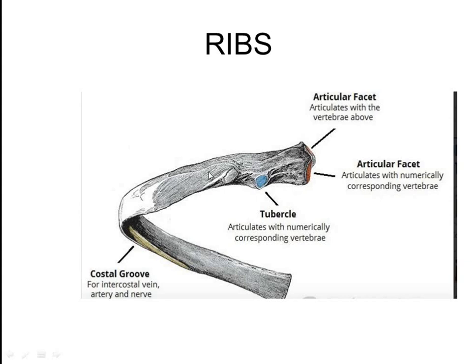So in this, we can see how the rib articulates anteriorly with the costal cartilage, posteriorly with two vertebrae, one corresponding and one above. Then the tubercle also articulates with the corresponding vertebra, at the costal facet on the transverse process.